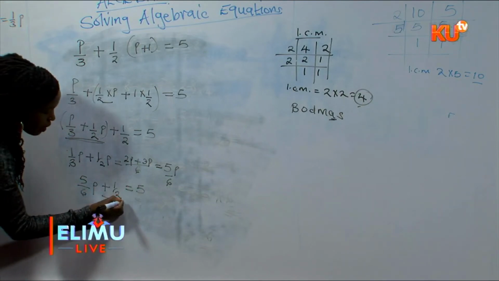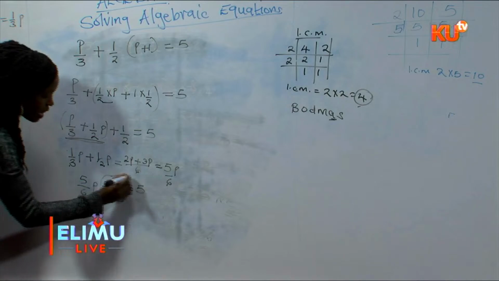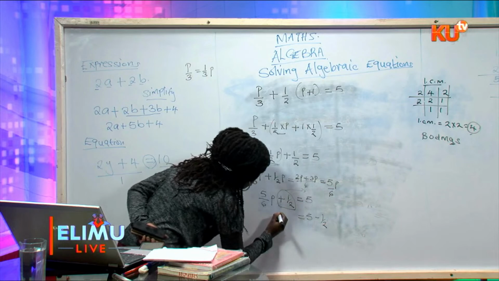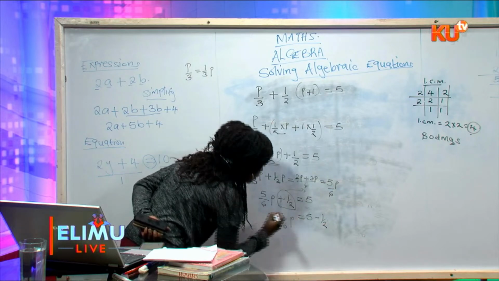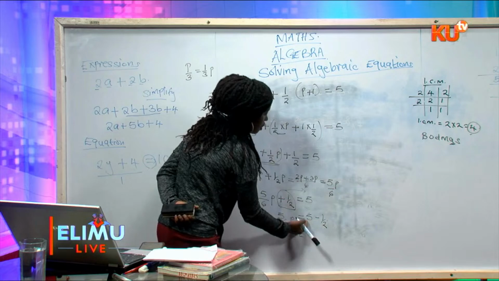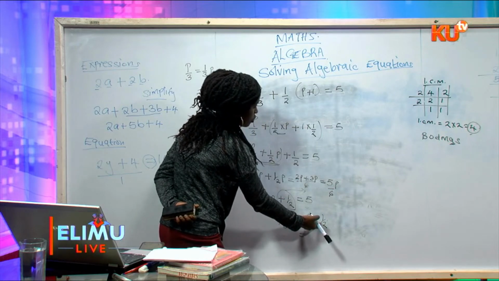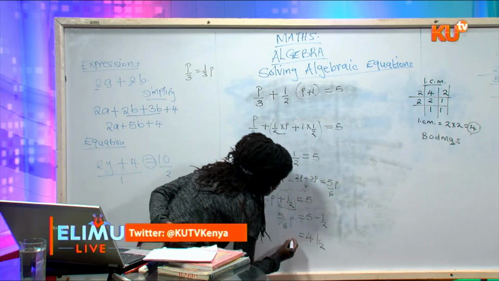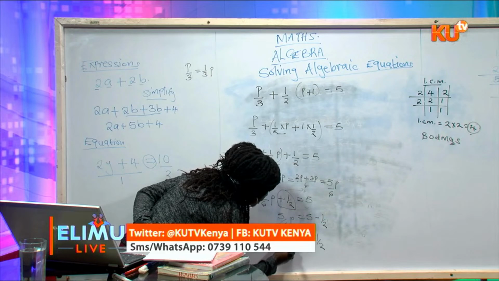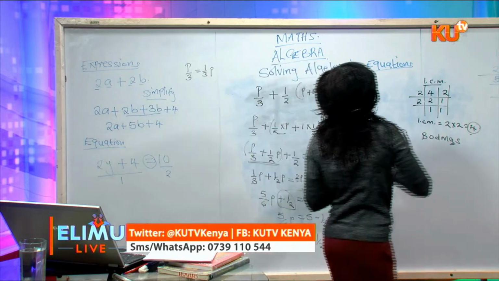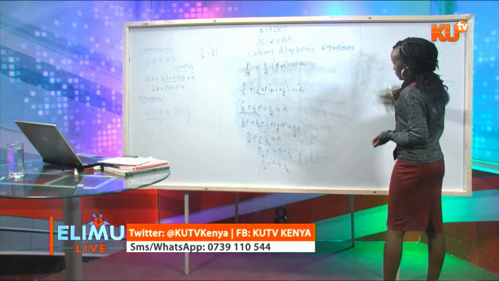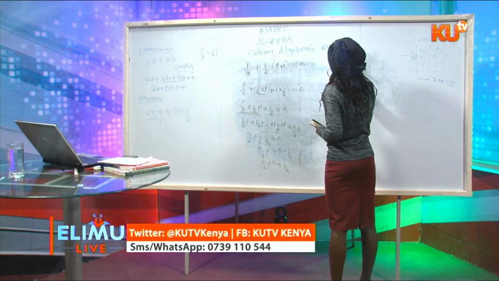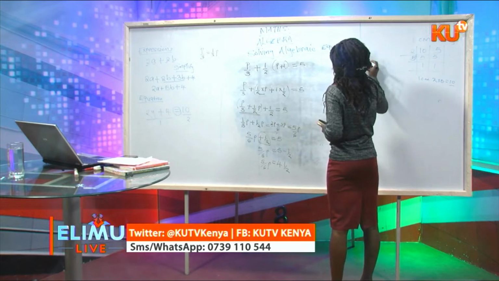I take this part, a half, to the other side. I'm going to have 5 minus a half is equal to 5 over 6 P. When you subtract here, 5 minus a half, you remove it from 5, you're going to remain with 4 and a half. And this side, I have 5 over 6 P. I hope you're together. 5 over 6 P is equal to 4 and a half.